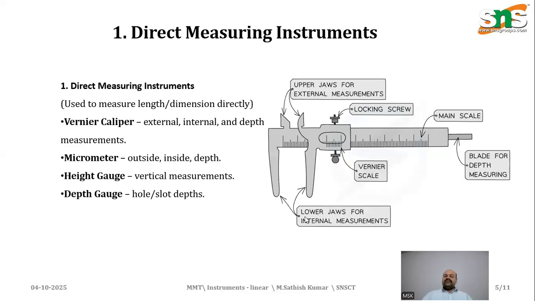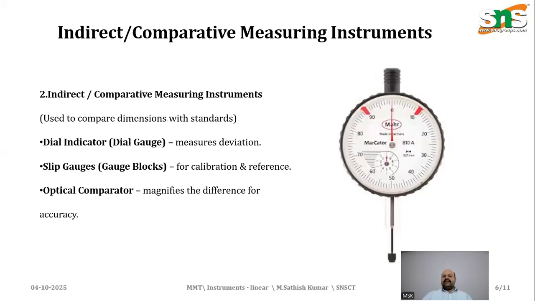It has a lower jaw for internal measurements and an upper jaw for external measurements. When you want to measure any dimension, you can directly read the reading from this Vernier scale and find the dimensions. That's why it falls under this category. And we have micrometers, height gauge, and depth gauge.